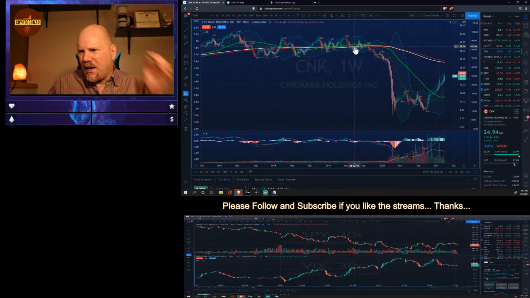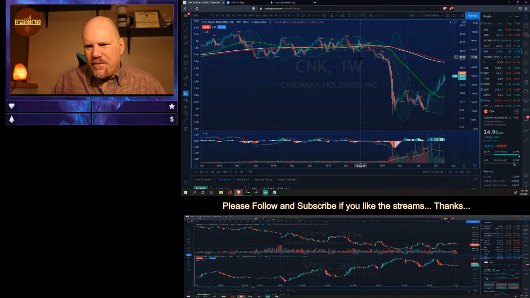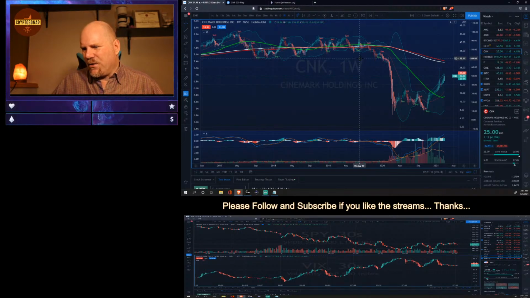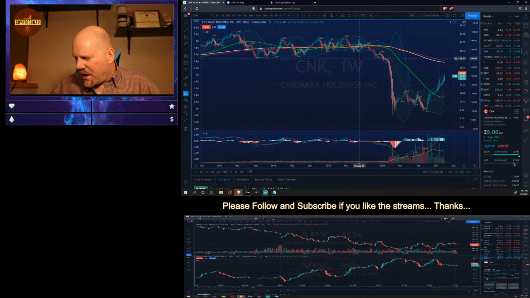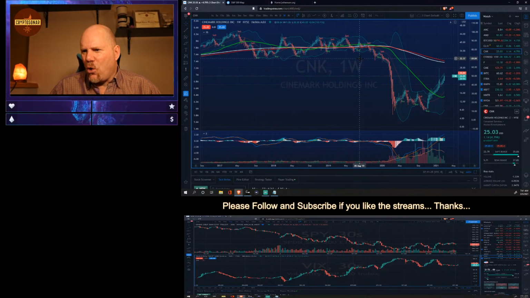You're probably looking at upside in this range here initially, upside to 32. So if you're at 24.99 now, you're looking at a 28% potential increase to its old level of support.